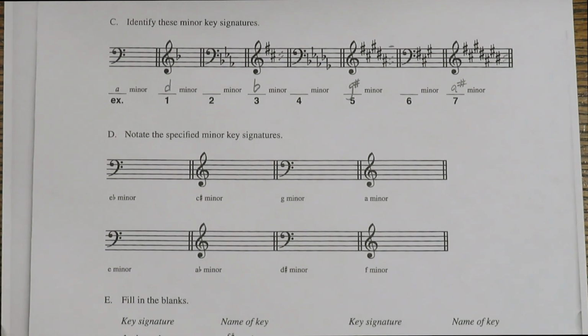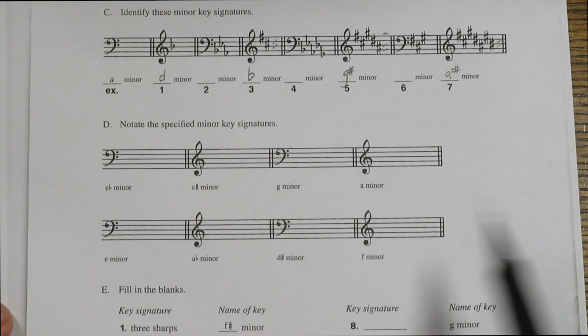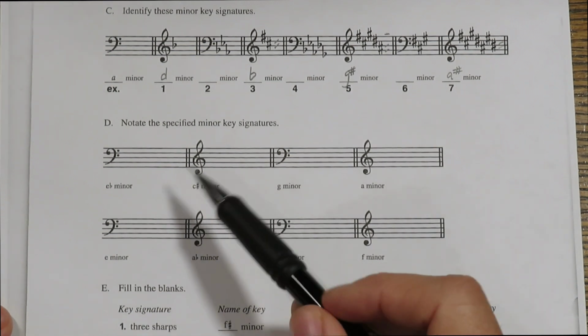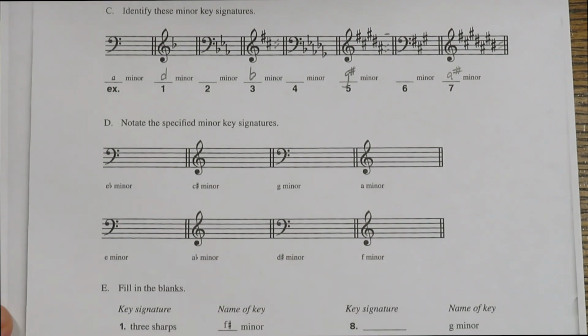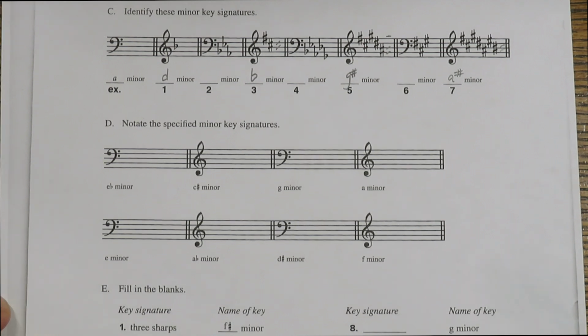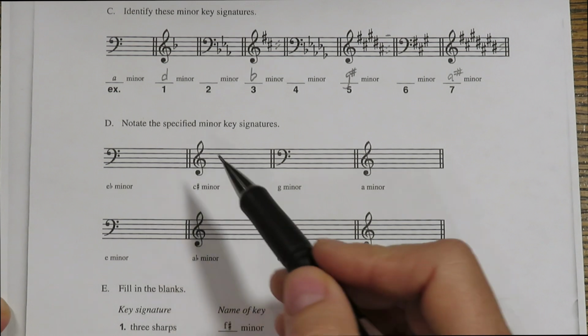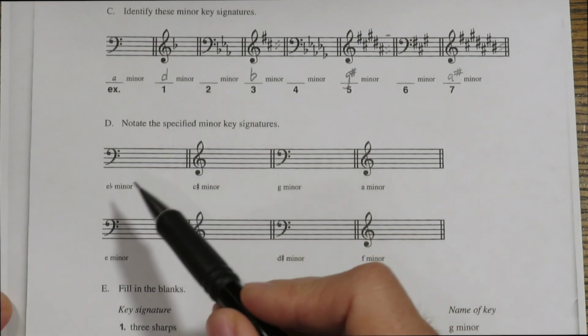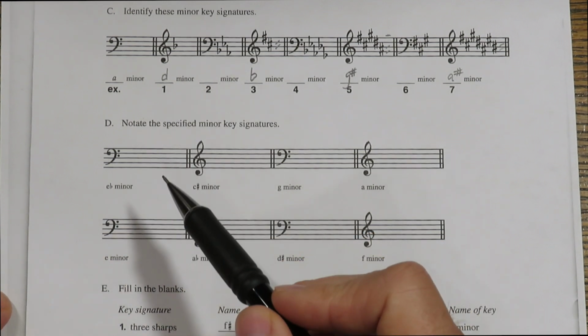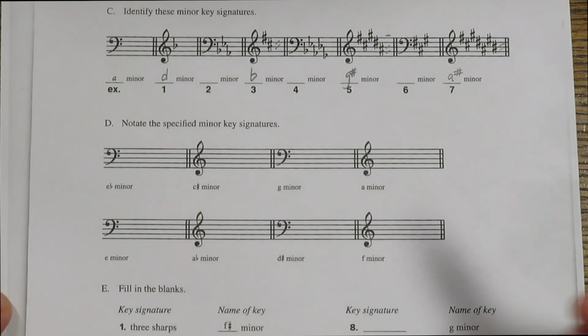And here we go with part D. Now we need to notate the specified minor key signatures. So our first one, E flat minor. Now the same works in the opposite way. If we go up a minor third from E flat, we would end up on the G flat.